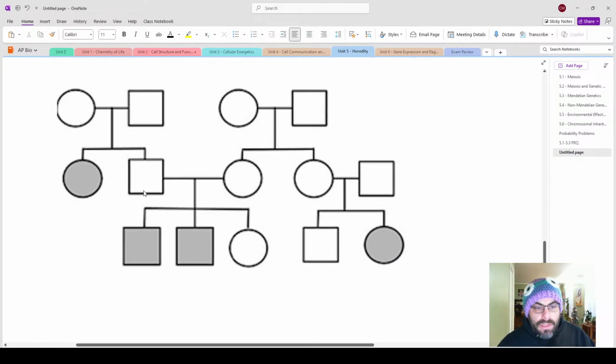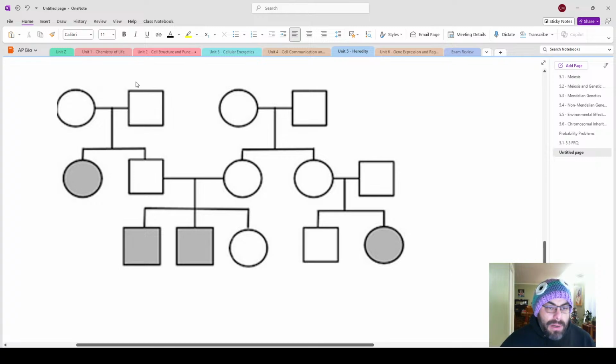So what can we know about this one? It's not dominant. Why? Kids have it, parents don't. If the parents don't have it and it's a dominant disorder, then they would both be little a's, and then a big A shows up here. That doesn't work. And it's not sex-linked. How can you know? This kid has it.